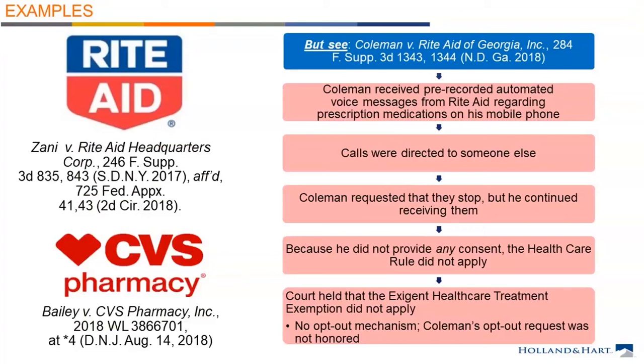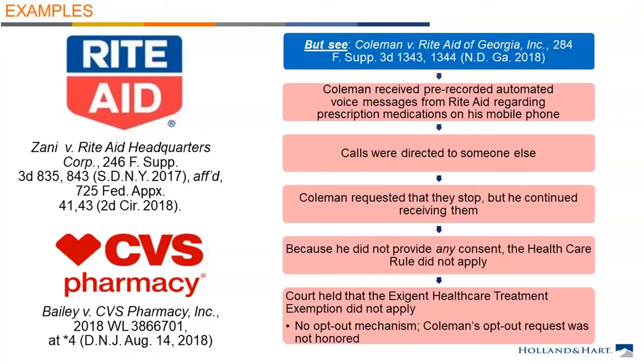Zani had filled prescriptions at this Rite Aid at least twice more after that, and each time the prescription was filled at this location, he signed a notice of privacy practices, which indicated that Rite Aid may contact Zani to provide refill reminders, information, and other information about treatment alternatives or other healthcare benefits.